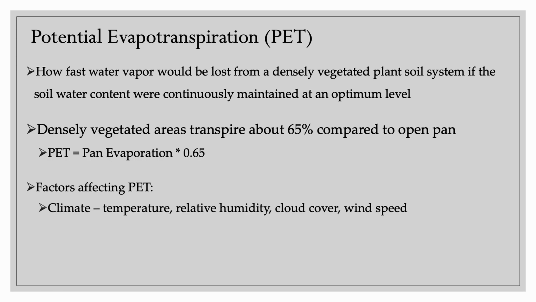Some of the factors that are going to affect that are climate. Obviously the temperature, and relative humidity is important, because how much moisture is in the atmosphere determines how much evapotranspiration we have. And wind speed is something that we might not consider. There's a boundary layer over our leaves, or I'll just use my arm as an example.